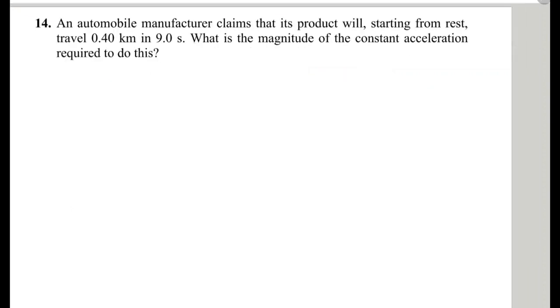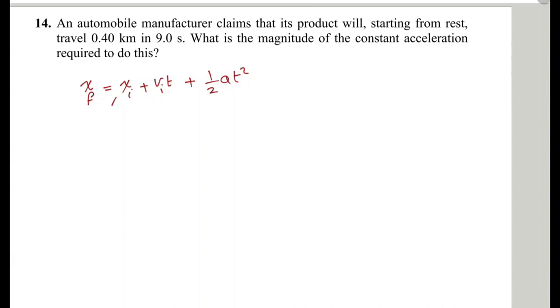An automobile manufacturer claims that its product will, starting from rest, travel 0.4 kilometers in 9 seconds. What is the magnitude of the constant acceleration required to do this? Now let's use the equation of motion: x final equal to x initial plus v initial t plus half a t square.